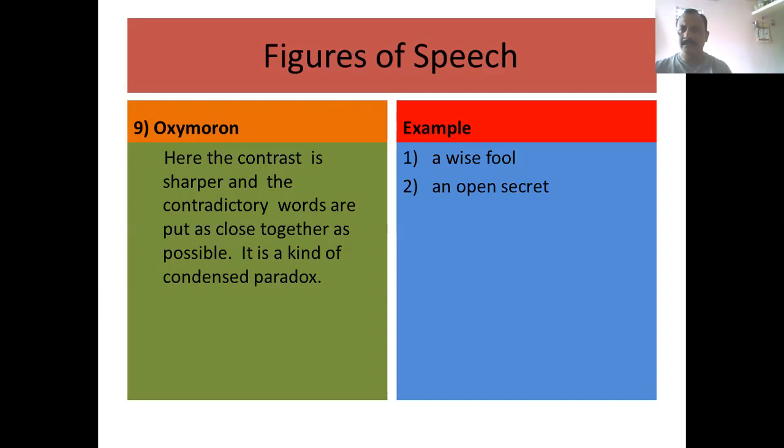The open secret means sometimes we tell our friends, "I tell you a secret, don't tell anybody, I tell only you." That is the secret told by you to your friend, but your friend goes to another person and tells the secret again. "I tell you, don't tell others."